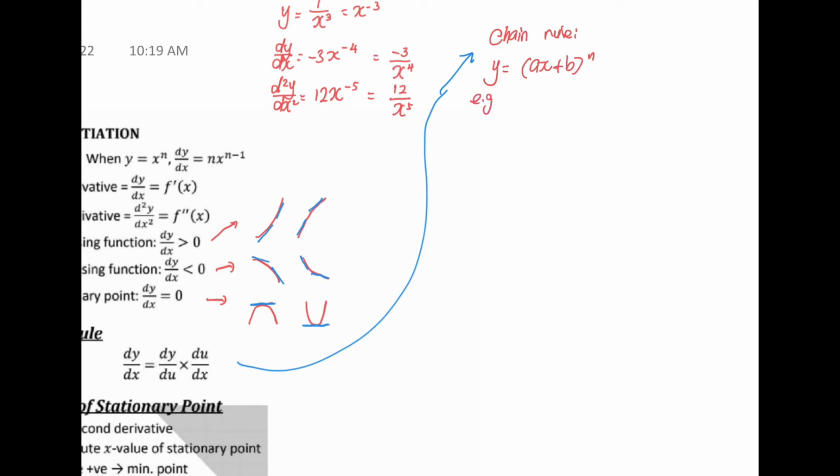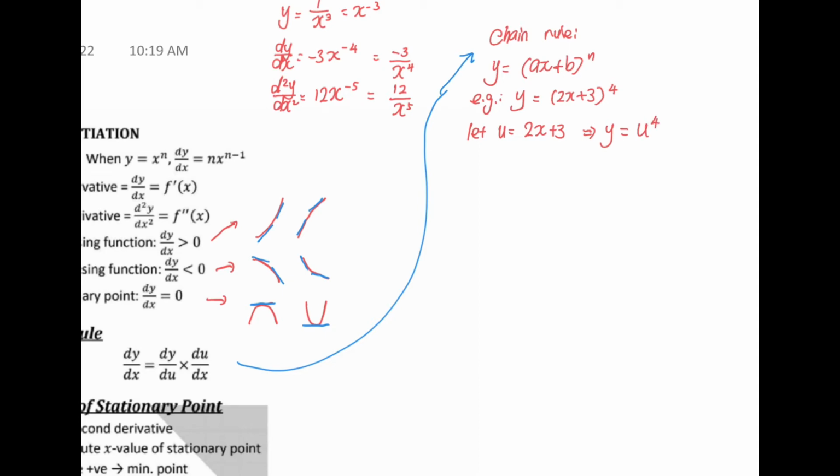For example, if I have y equals (2x plus 3) to the power of 4, and you use chain rule, then you have to do it like this. Let u equal 2x plus 3. Everything in the bracket, you let it be u. When you do so, your equation becomes y equals u to the power of 4.